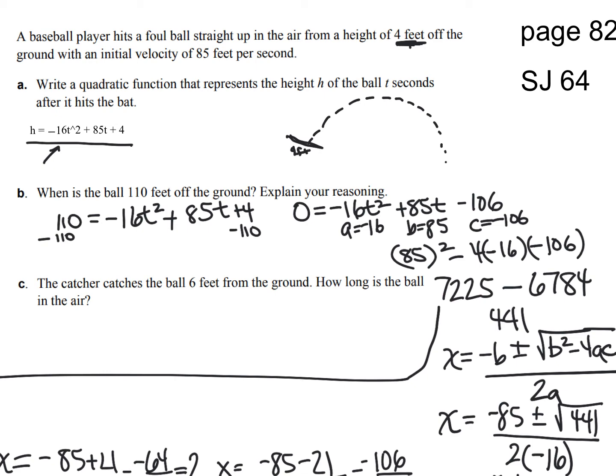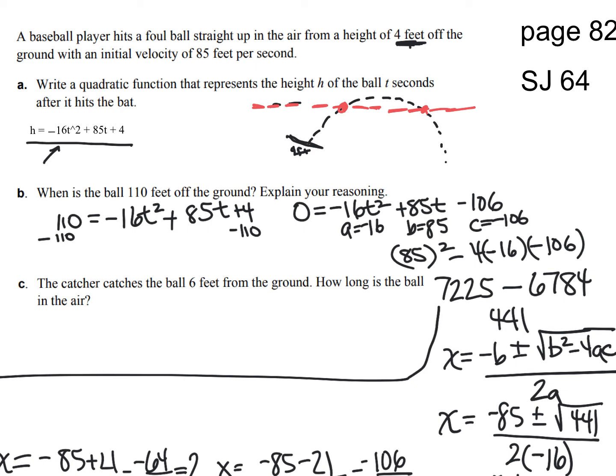So let's say 110 feet is here. So in 2 places, the ball is 110 feet off the ground. Of course, it says when. That's how I know we're finding x or t here. And so there are 2 answers.